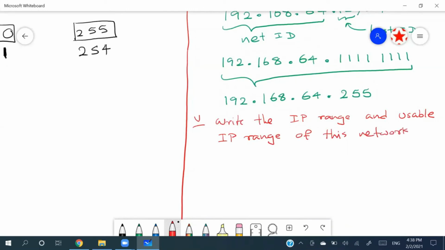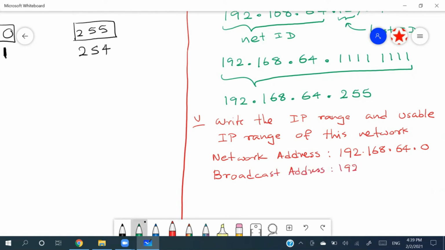For your information, I'm writing the network address, which we have found already, 192.168.64.0, and the broadcast address, 192.168.64.255.